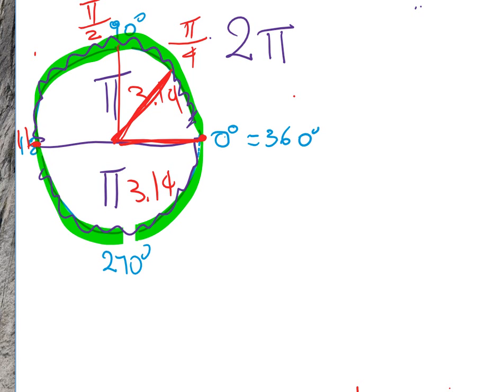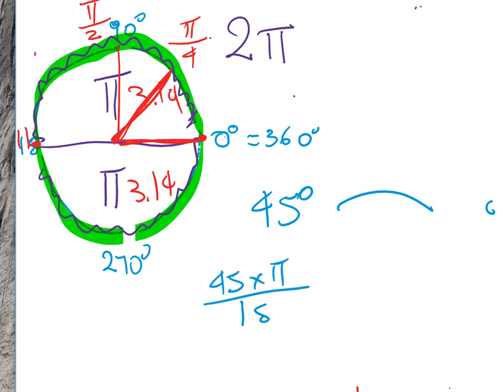For example, if I need to convert 45 degrees to radians, that's how we symbolize radians, see? I'm doing 45 times pi divided by 180, and I know that this goes here once, this goes here 4, and I'm writing pi over 4 radians.